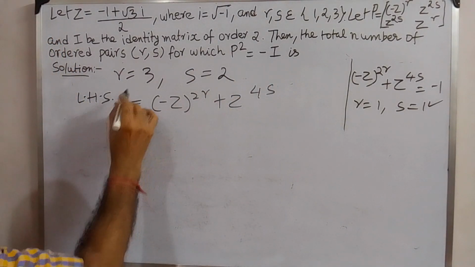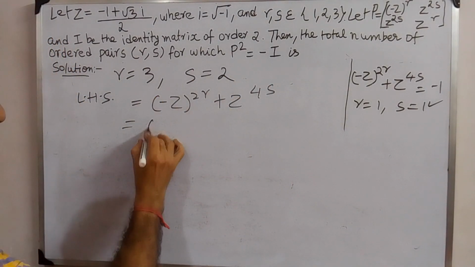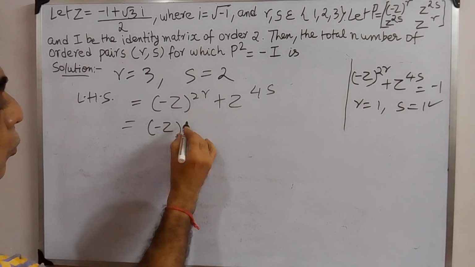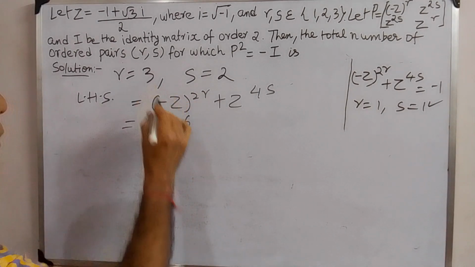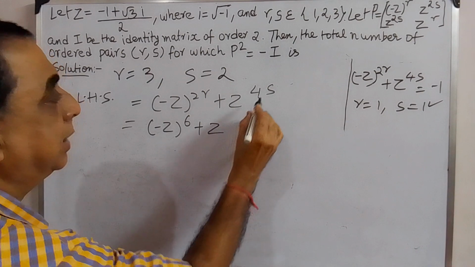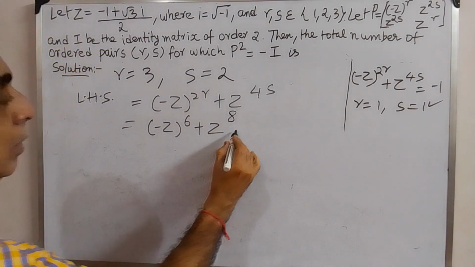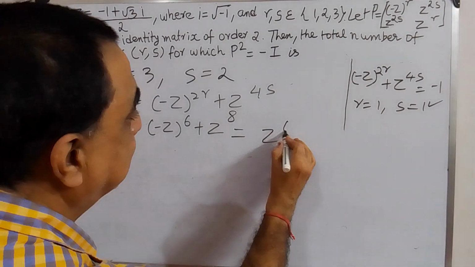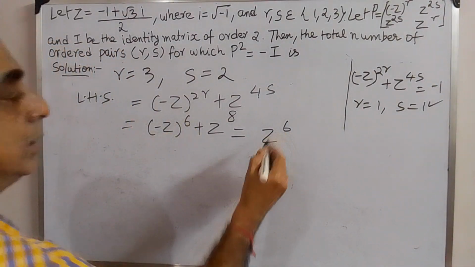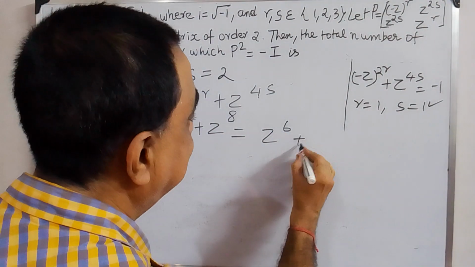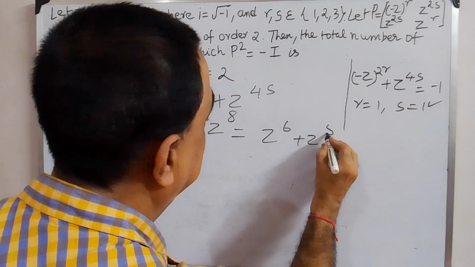Here r value I am putting 3. So minus z to the power 6, this will become 2 into 3, 6, and this will become z to the power 4 into 2, that is 8, and this will become z to the power 6 because minus to the power even number is positive. Z to the power 6 plus z to the power 8.